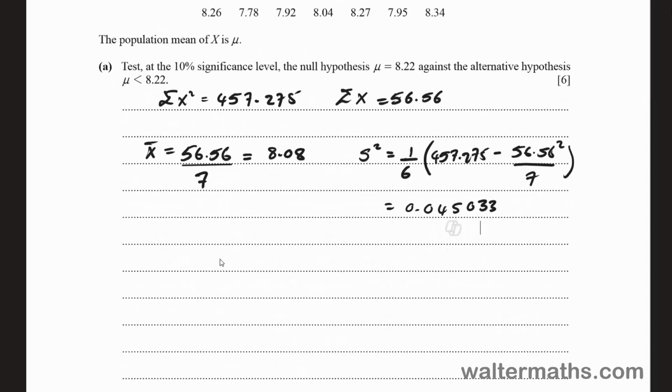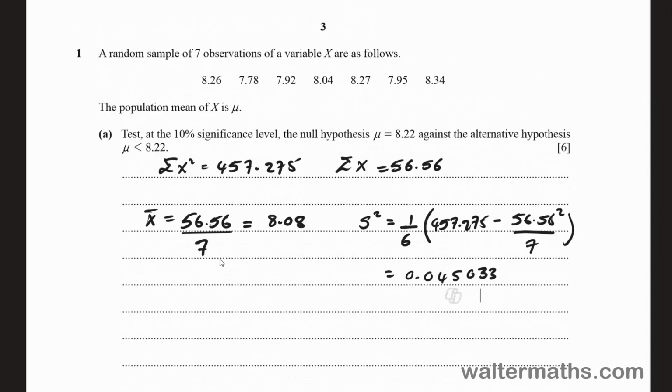Now that we have these, we can find the test statistic, which is x bar, that's 8.08, minus mu, which is 8.22, over s over root n. So that's 0.045033 over n, which is 7, all under the square root.